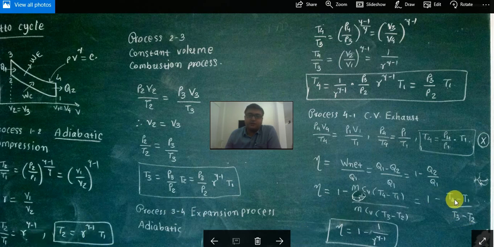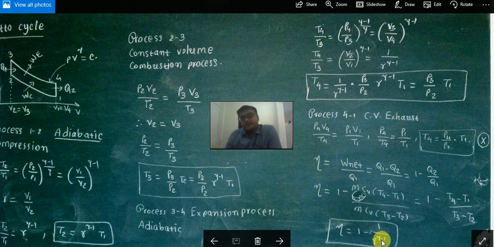Then from the numerator taking T1 common, the remaining part is P3 by P2 minus 1. From the denominator taking r raised to gamma minus 1 into T1 common, the remaining part is P3 by P2 minus 1. The P3 by P2 minus 1 in the numerator and denominator cancels out, and the remaining equation is 1 minus 1 upon r raised to gamma minus 1.